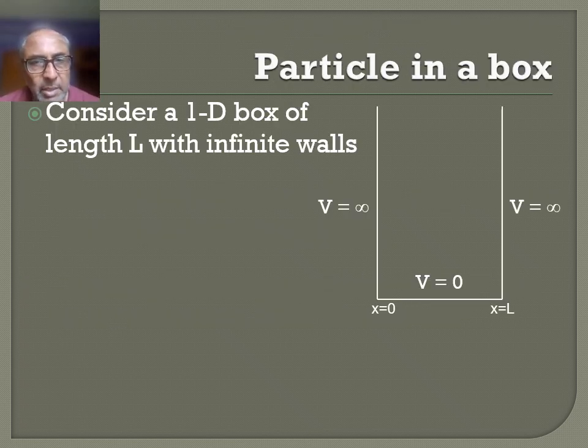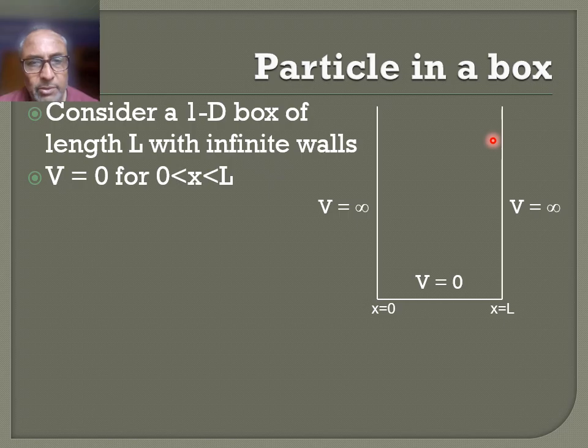Now consider a particle that is confined in a one-dimensional box of length L with infinite walls. So the particle is free inside the box, that is V equal to 0 inside the box, but it has infinite walls, infinite potential outside the box, and therefore there is no probability of the particle going outside the box.